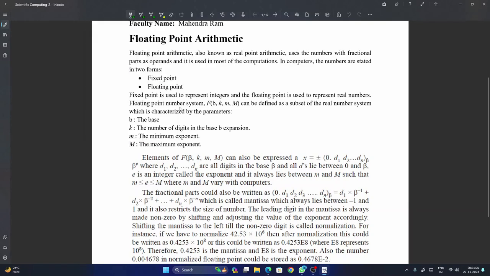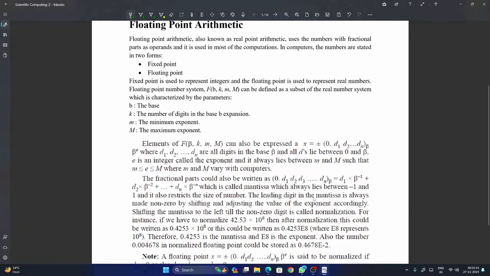In the generalized form, some machines or systems take this type of floating point numbers: x equal to plus or minus 0 point d1 d2 ... dn in base beta. Here beta is the base, and d1 d2 dn are the digits. If it is a binary system, the digits are 0 and 1, and if it is a decimal system, they may be from 0 to 9, any number.